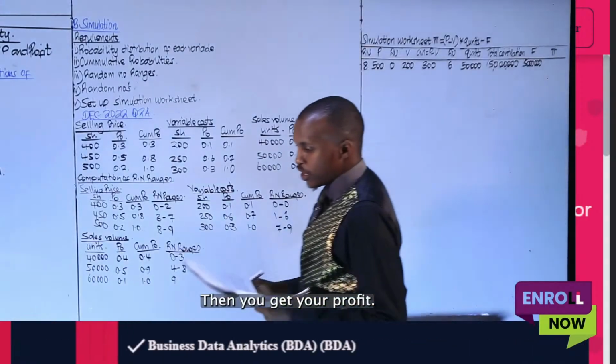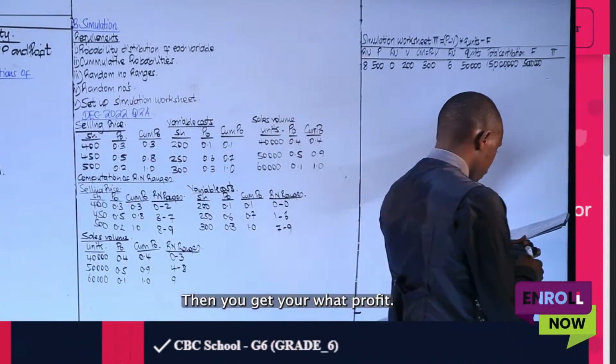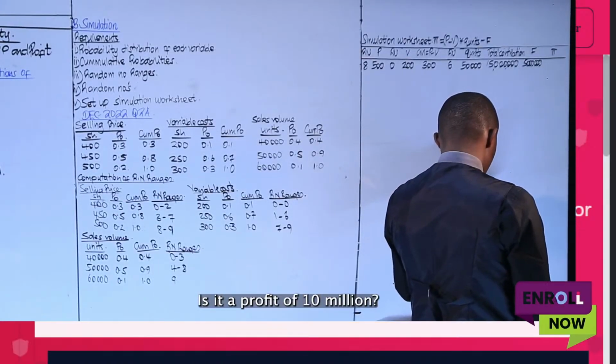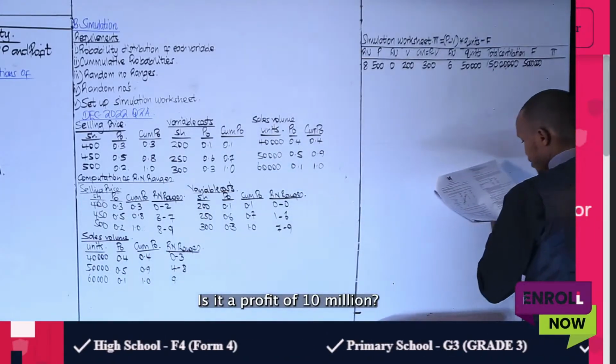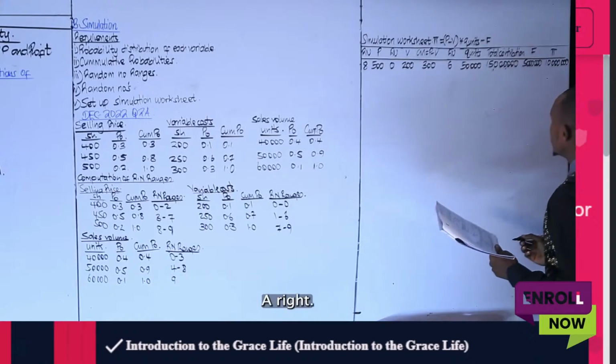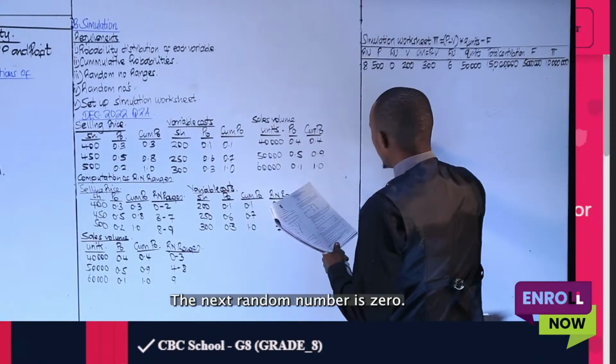Then you get your profit. Is that a profit of 10 million? That is a profit of 10 million.